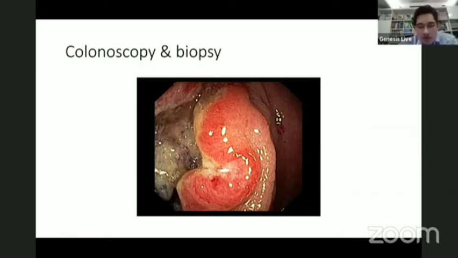In case of colonoscopy, you may see something like this. Sometimes the features are very diagnostic of a malignancy. You get an ulceroproliferative lesion. Sometimes the visual impression is so confusing, you have no idea which is TB, malignancy, or Crohn's disease. That's why you take a biopsy.